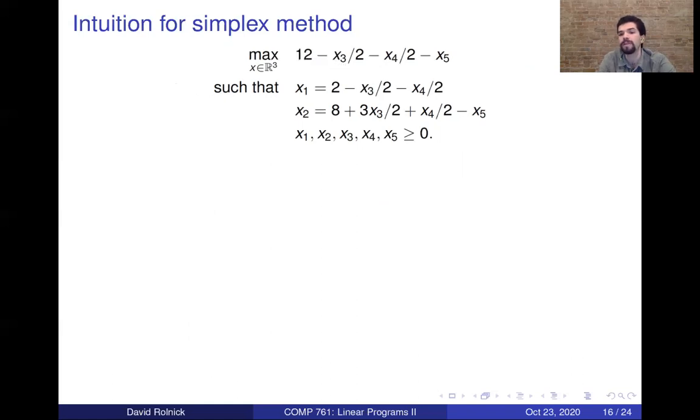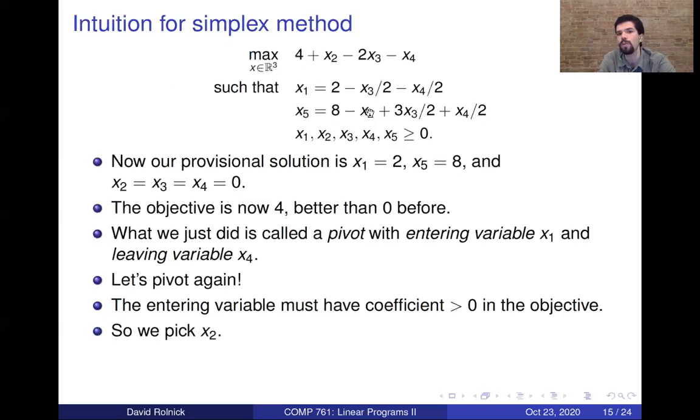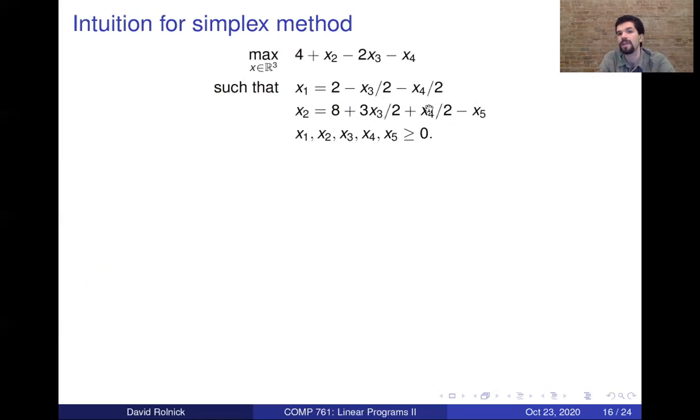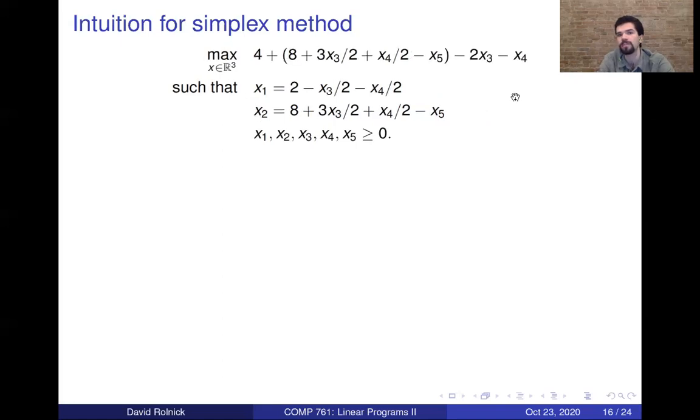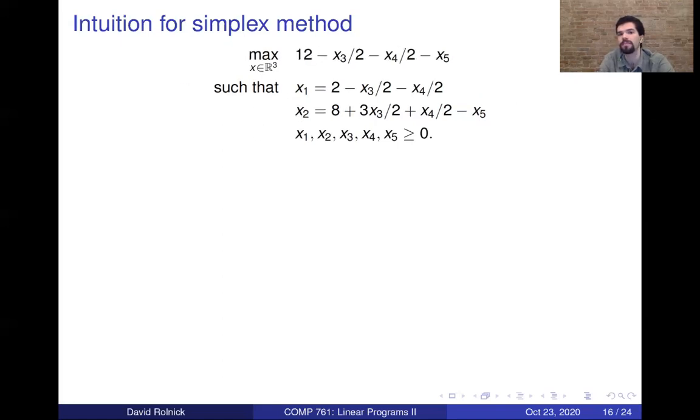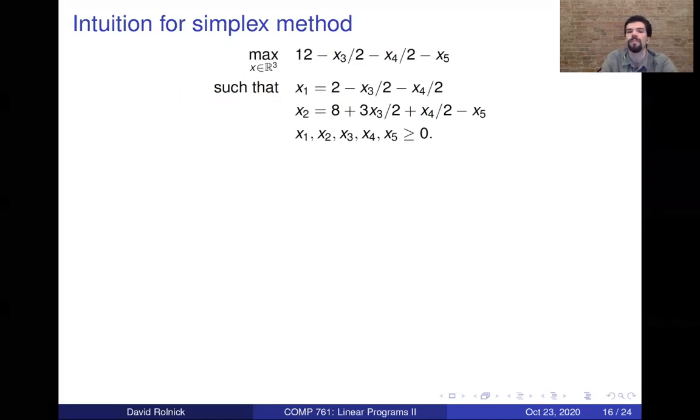And that's what the pivot is. Again, what we started out with was here. We moved x2 to this side. We moved x5 to this side. If necessary, we rearrange, but here we don't even need to rearrange. Then we substitute in for x2 up here. Simplify, and we're done.